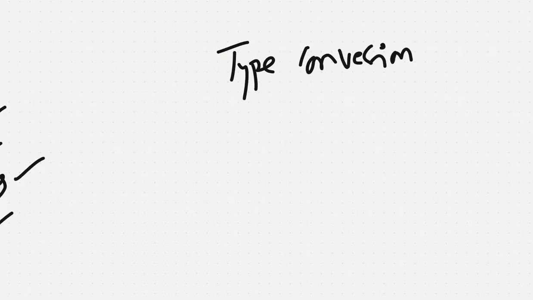Okay, but with these data types, what we can do is type conversions. We can do the type conversions also. So these are the type conversions.